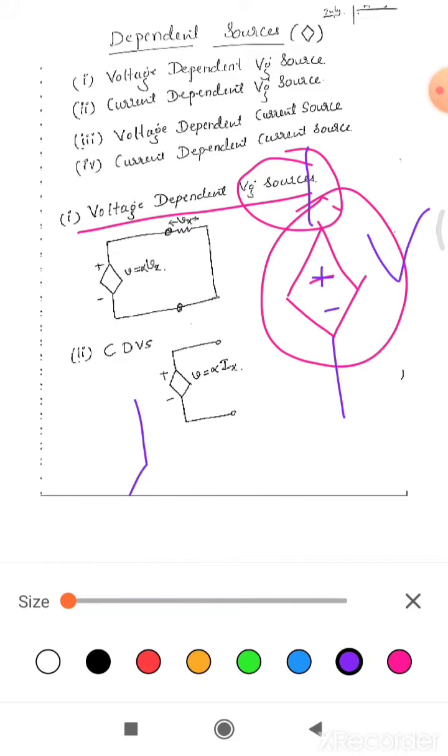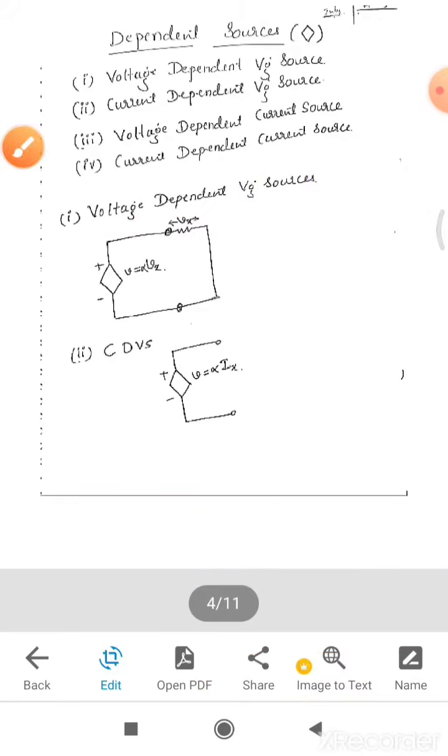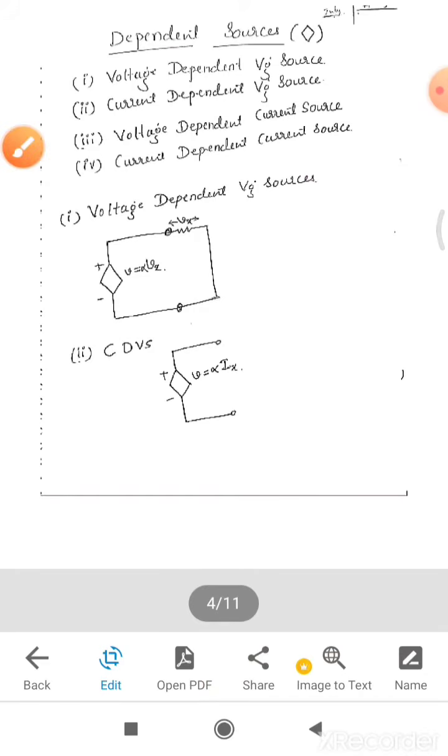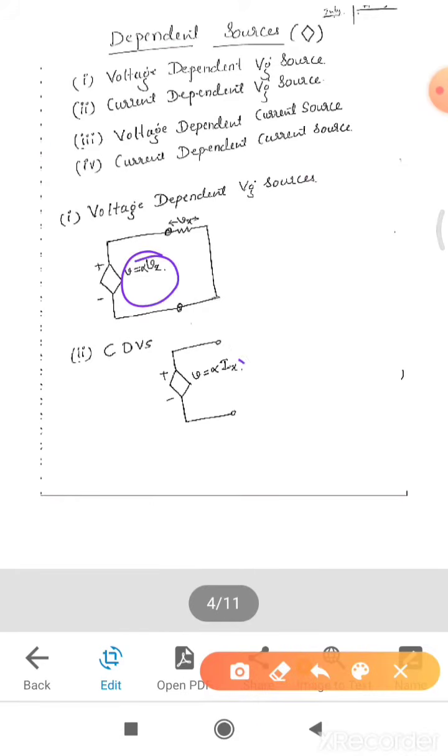In the same type of rhombus, if it has an arrow mark, then it is a dependent current source. Then based on the value written here, you can say on what it is dependent and which type of source it is.